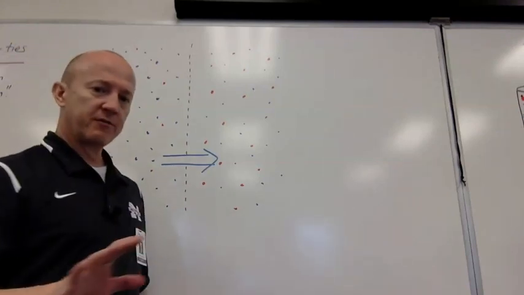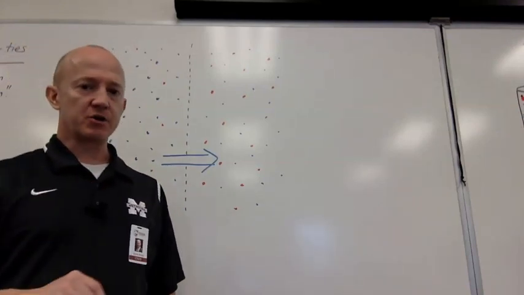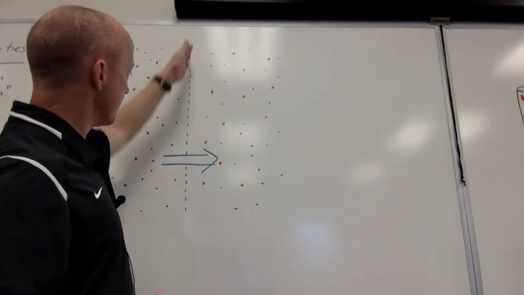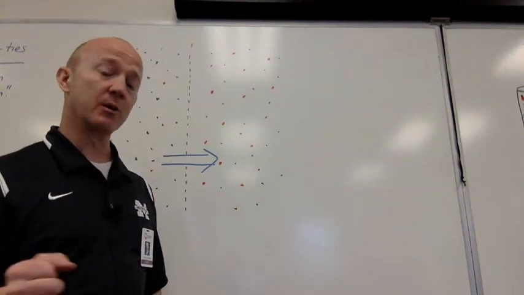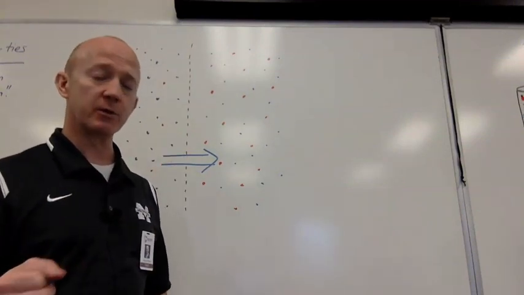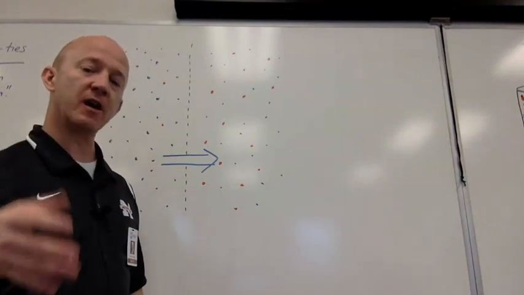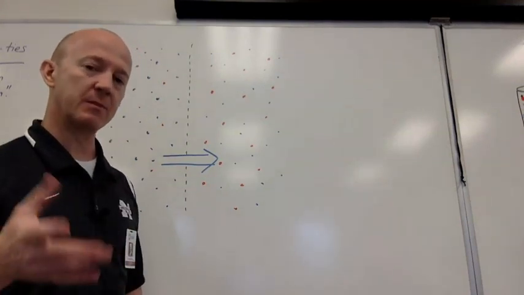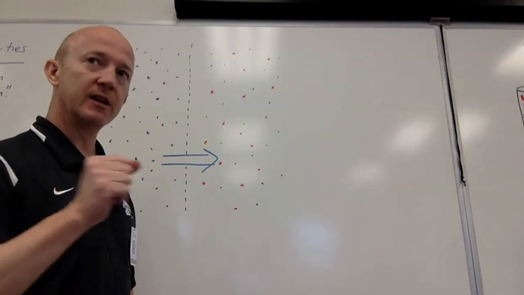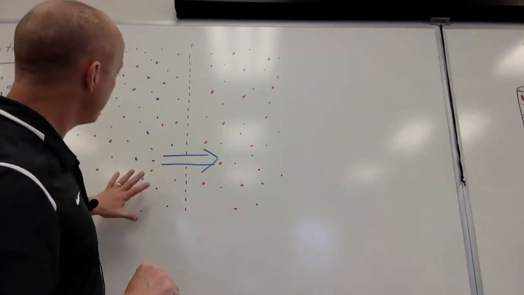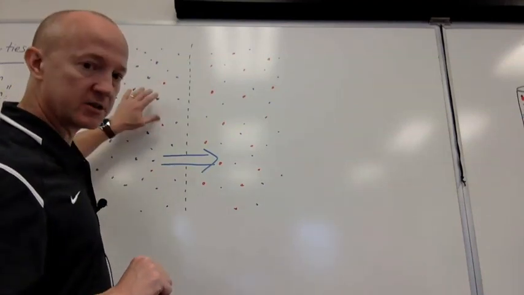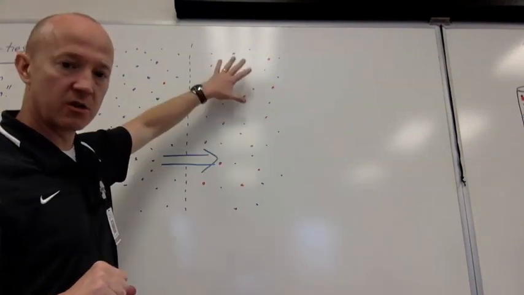Now, I'm just going to briefly mention osmotic pressure. This dotted line represents a semi-permeable membrane. For those of you that recall the definition of osmosis, we have to have a semi-permeable membrane, don't we, in that definition. And we have mostly water on this side. We have some water and some solute on this side.